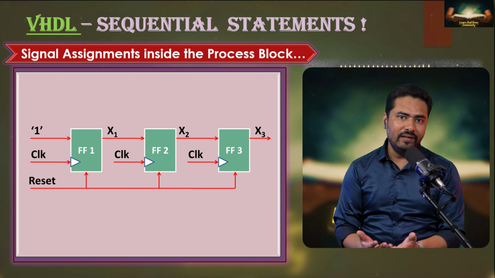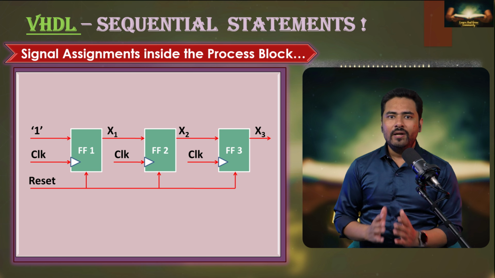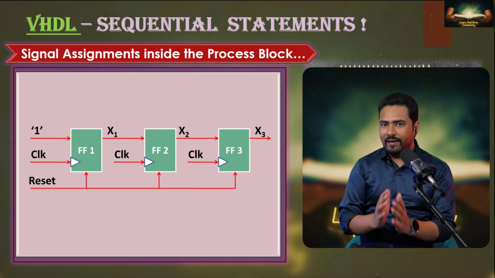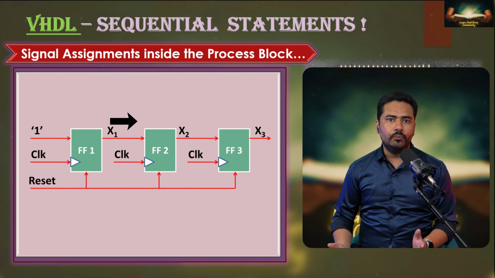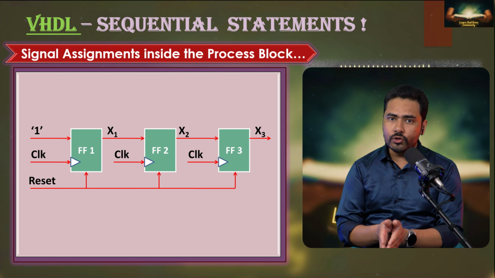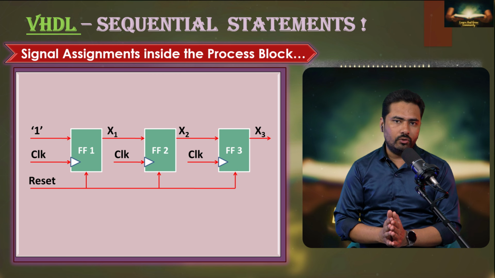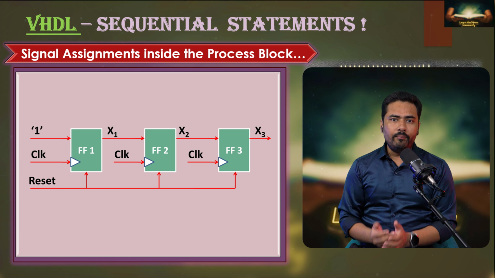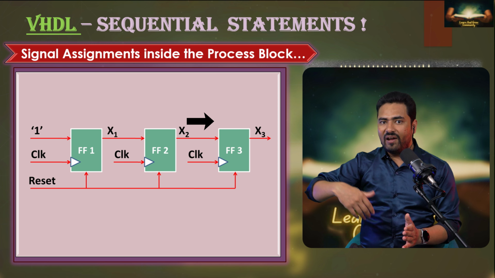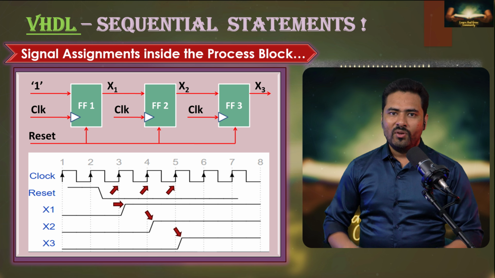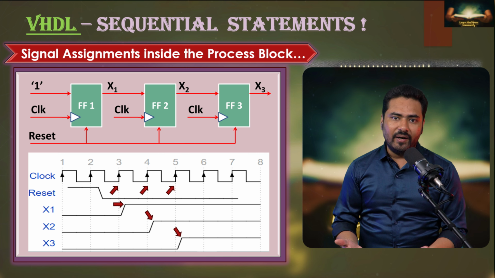This is very clear from the VHDL code, right? This is achieved by connecting the output of FF1 to the input of FF2. Finally, we assign x2 to x3 in our VHDL code. This is implemented by connecting the output of FF2 to the input of FF3. Very simple. Now let's look at the timing diagram.